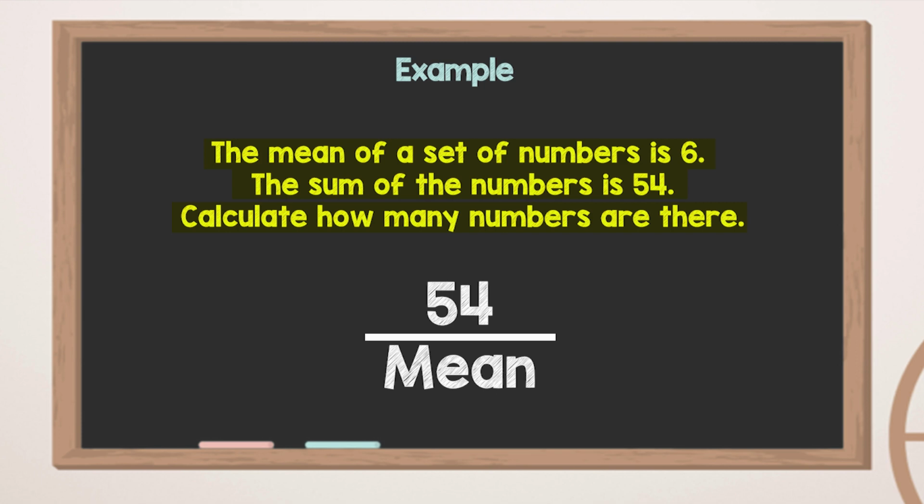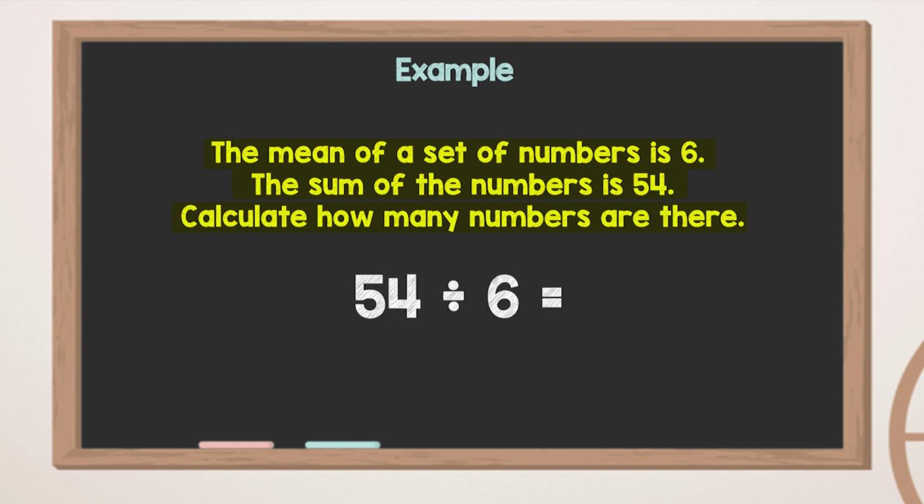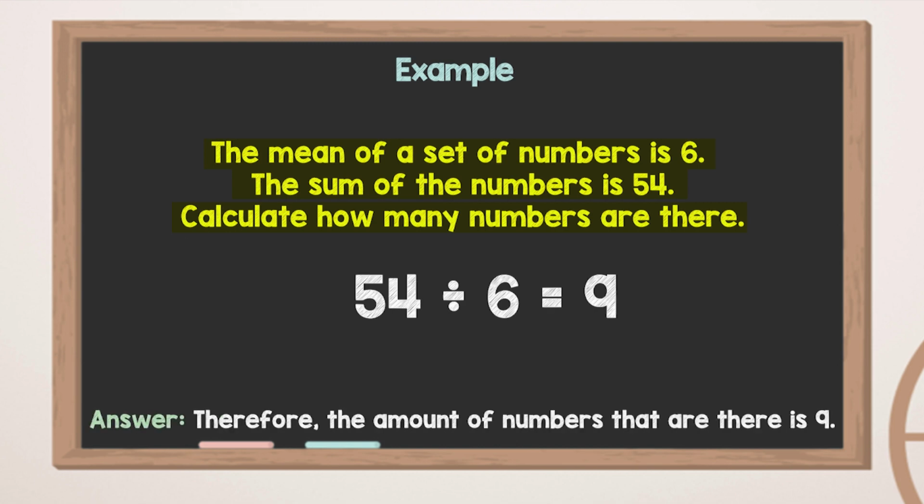What is the mean? 6. How many groups of 6 can you get from 54? Or how many times 6 can go into 54? 9, because 6 9s are 54. Therefore, the amount of numbers that are there is 9.